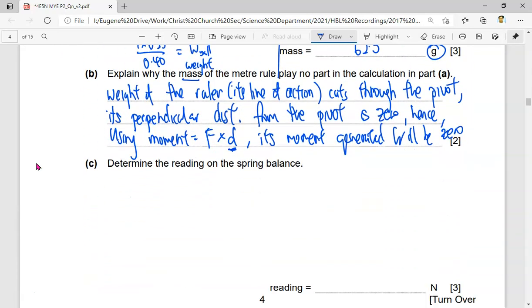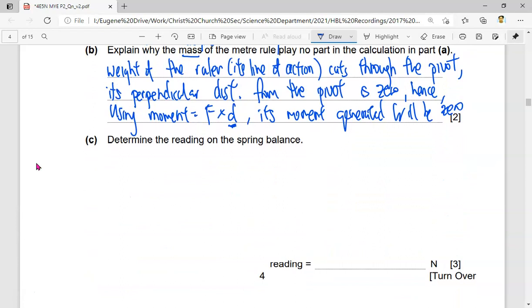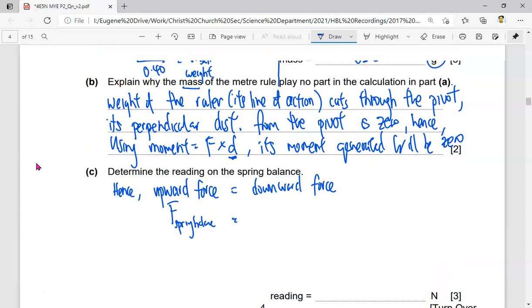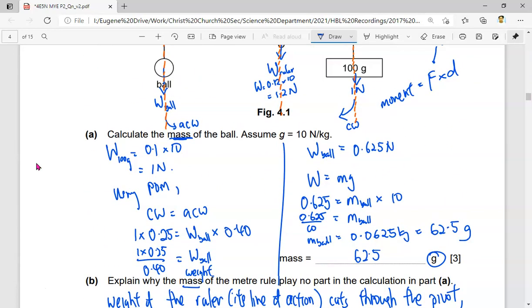What does it mean? Because I know resultant force is 0, hence upward forces must be equal to the downward force. So the upward force is actually the force of the spring balance. It must be equal to the downward force generated by these.